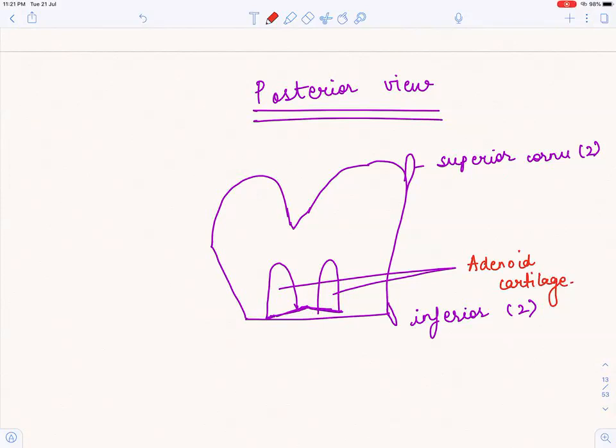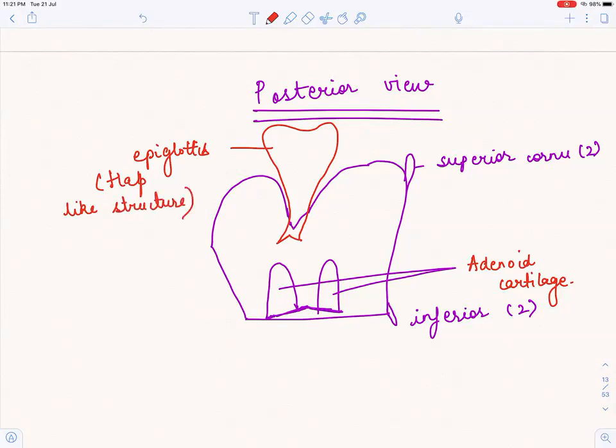And here is the epiglottis, a flap-like structure.